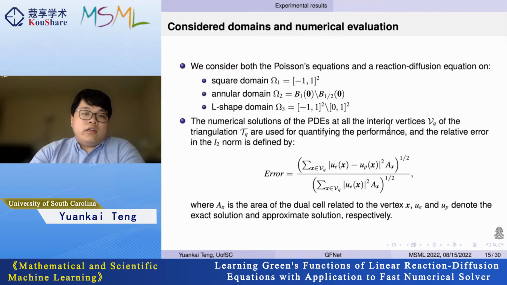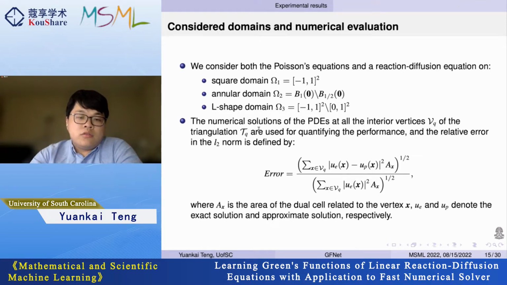And then we would like to introduce some experimental results of our work. Before that, I would like to introduce the considered domains and the numerical evaluation method. First, we will consider both the Poisson's equation and a reaction-diffusion equation in our work on 3 different domains. The first one is the square domain, -1 to 1 square, the second one is the annular domain, which is a circle in a circle with different radius, and the last one is the L-shaped domain.